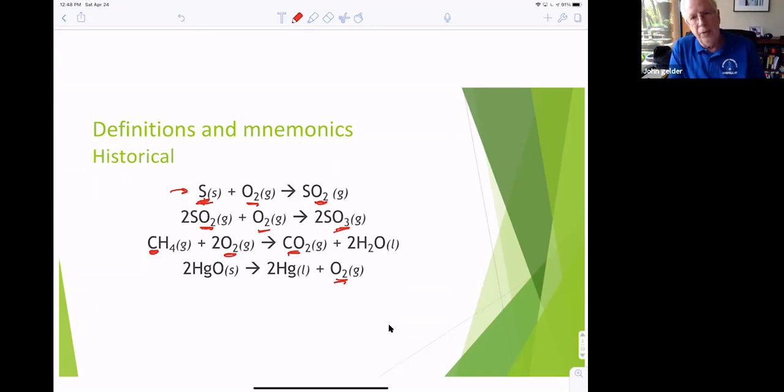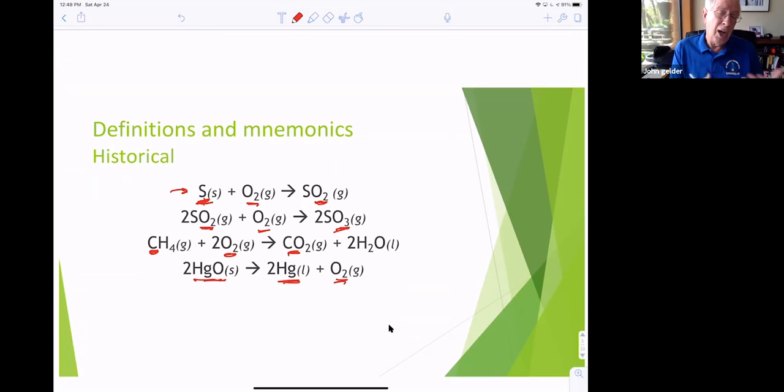So those are one of the ways that we can classify reactions as oxidation reactions, because an element gains oxygen. And we look at the fourth equation, we see mercury has oxygen as a reactant and not as a product. So that's sort of the historical definition of reduction.